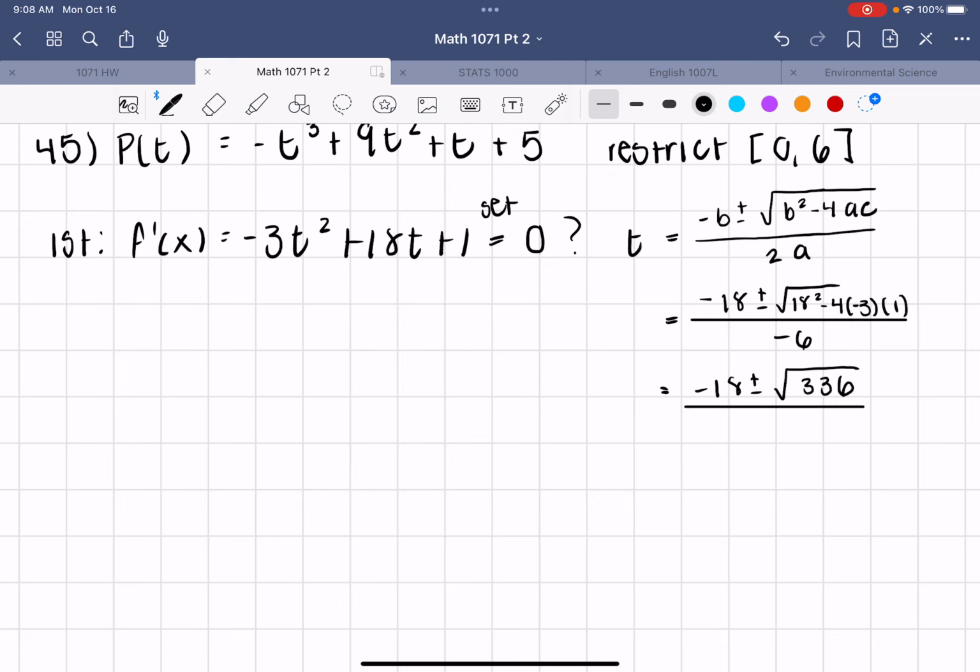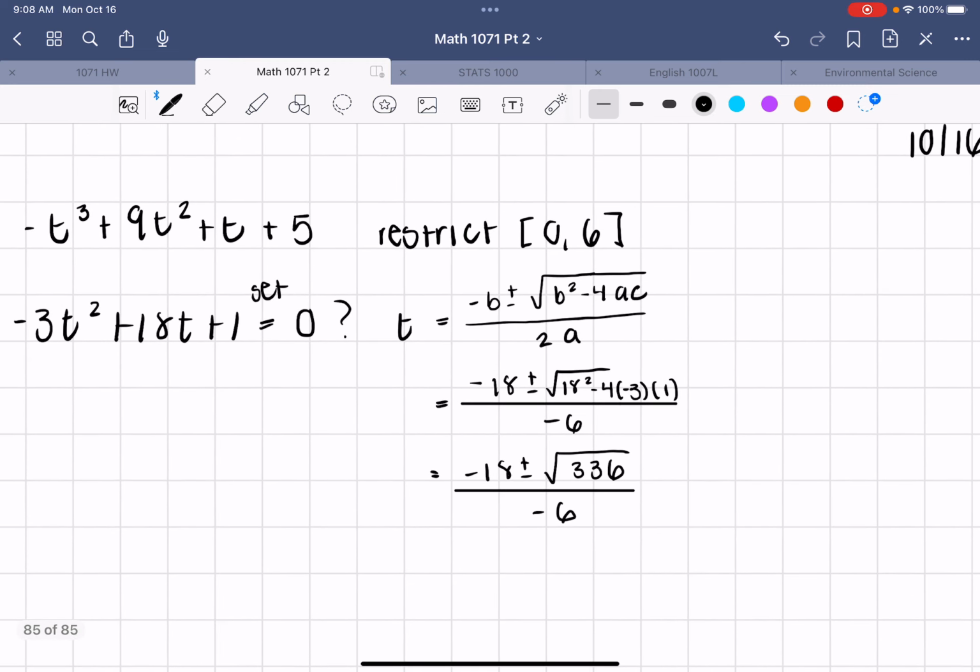Now I see why I struck the problem out. This thing is like 18 and a half.